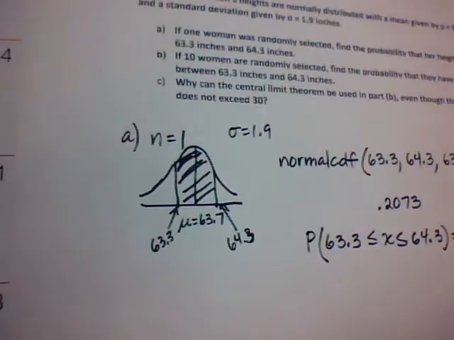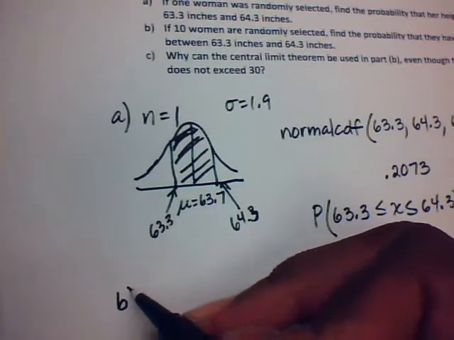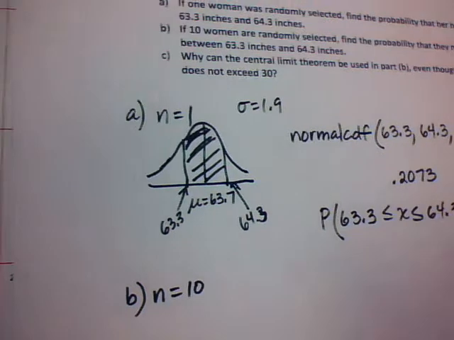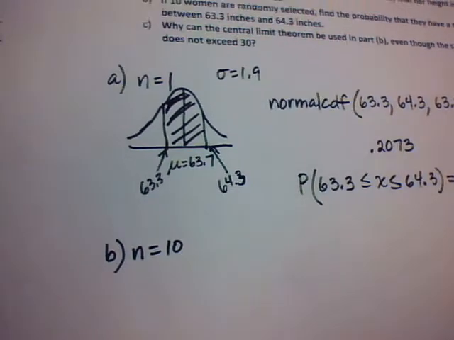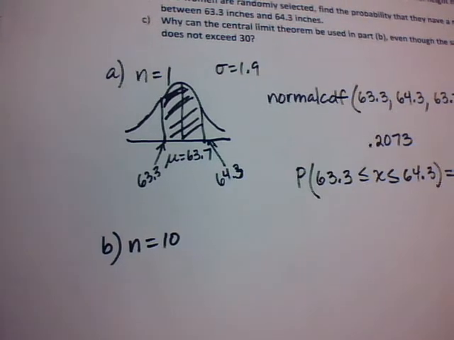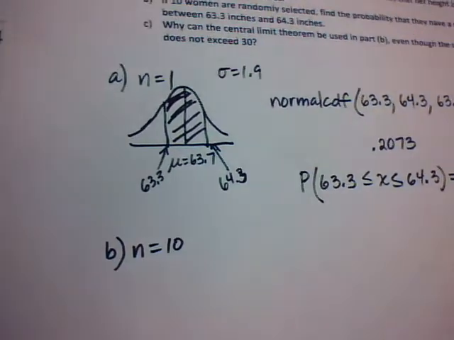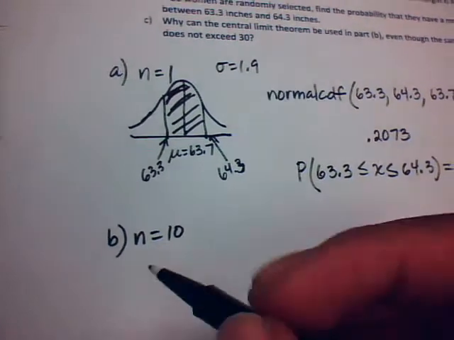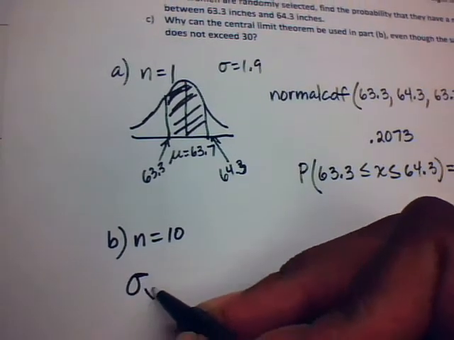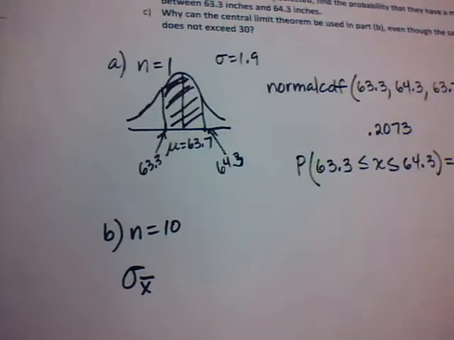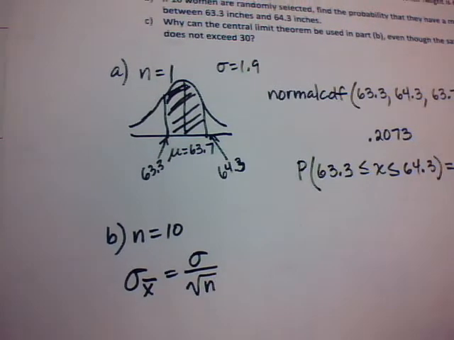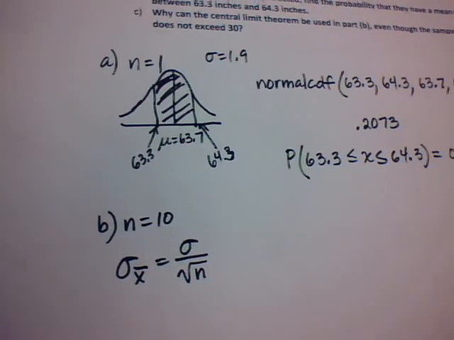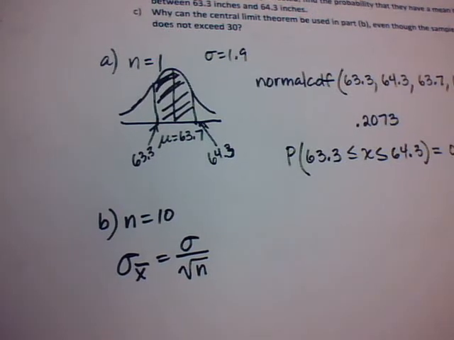All right, now part B, we have 10 randomly selected women. And we want to find the probability that their mean height is between 63.3 inches and 64.3 inches. First things first, n is 10. We have to use sigma of x, which is going to be sigma divided by the square root of n, because that's the standard error of the mean.